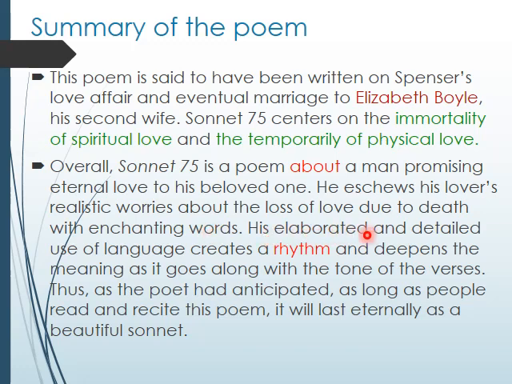His elaborate and detailed use of language creates a rhythm and deepens the meaning as it goes along with the tone of the verses. Thus, as the poet had anticipated, as long as people read and recite this poem, it will last eternally as beautiful sonnets. The writer's prophecy that their love will be renewed and continue has come true.